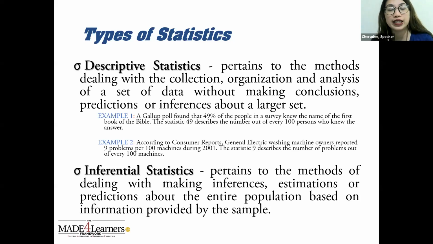So that is actually predicting. Those are examples of predictions. Or some would know already that if they pass the mock board examination, they will more likely pass the board exam. So those are probabilities with the play of probabilities. So if there are already inferences, estimations, and predictions, that is an example of inferential.